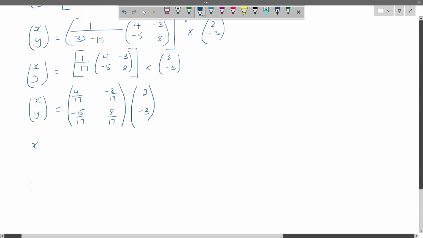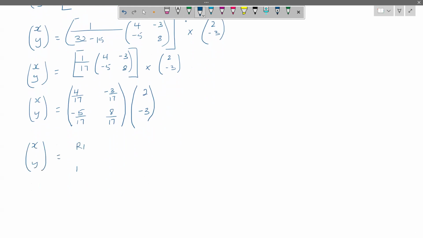Our answer is going to be made up of row 1, row 2, column 1. We're doing row 1, row 2, column 1. Here, down, here, down. So we have 4 over 17 multiplied by 2 over 1 plus negative 3 over 17 multiplied by negative 3 over 1.